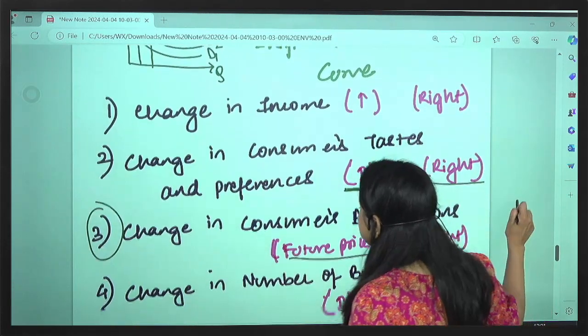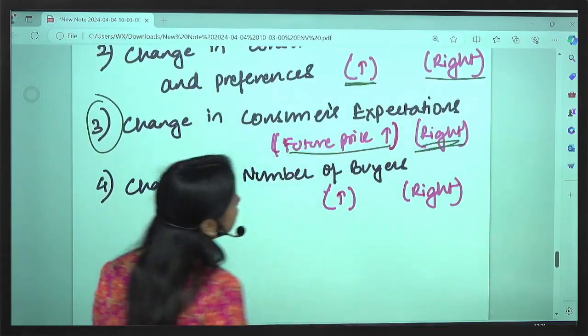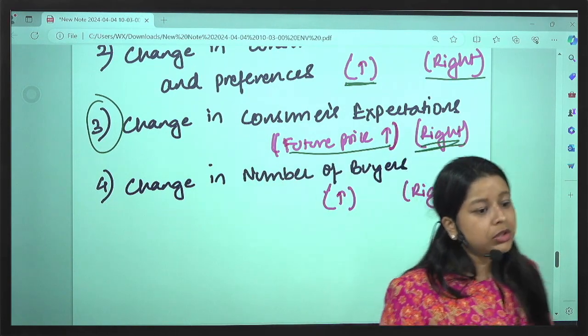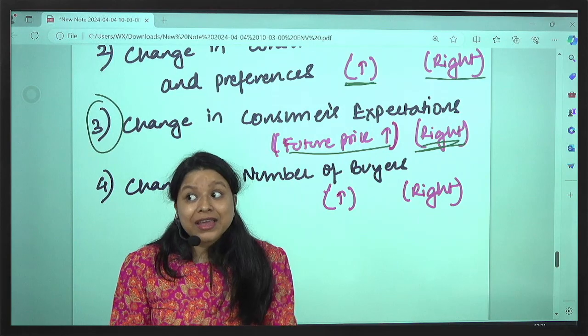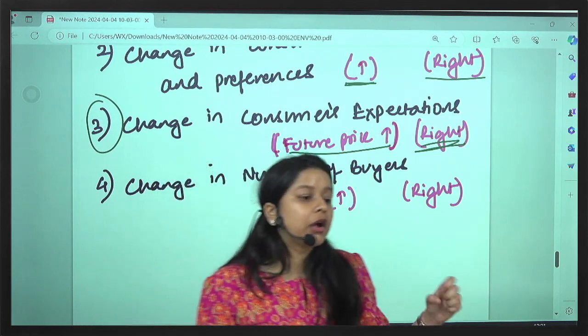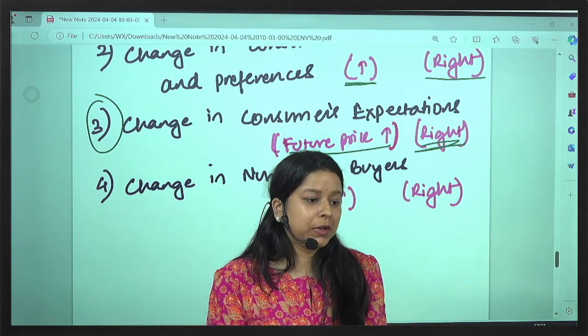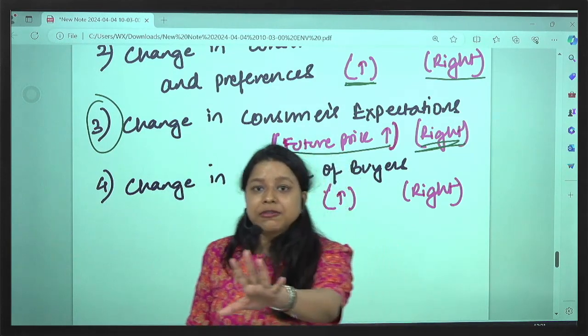The next is change in the number of buyers. For example, what is happening in India? The population of youth is increasing. Why is everyone around the world targeting India? Because of the youth population in India, for all the different consumer products.